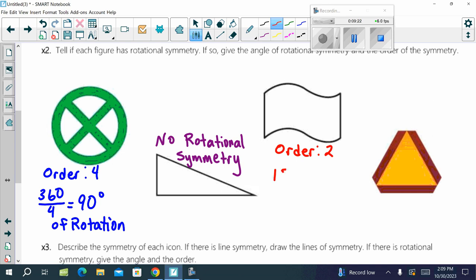So 180 degrees of rotational symmetry. And the yield sign, school crossing sign, whatever you want to call it, its order is 3.